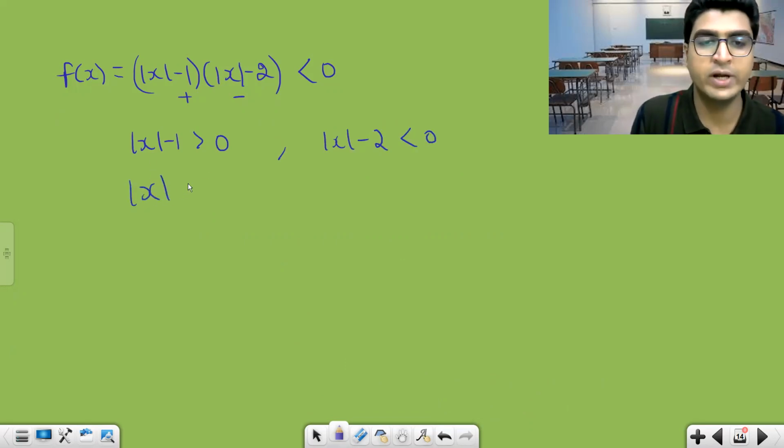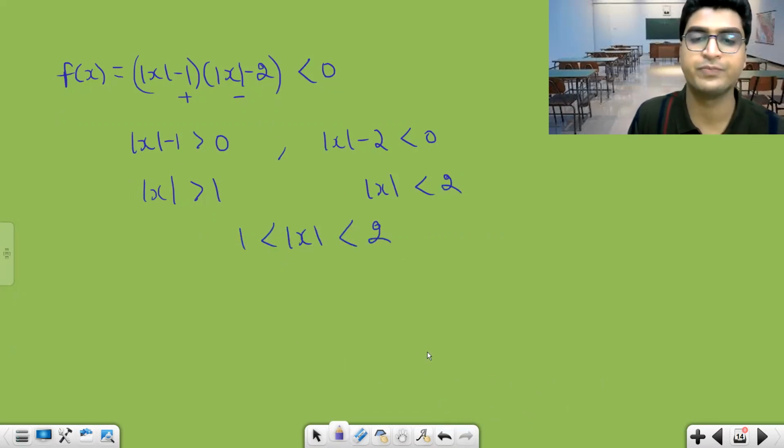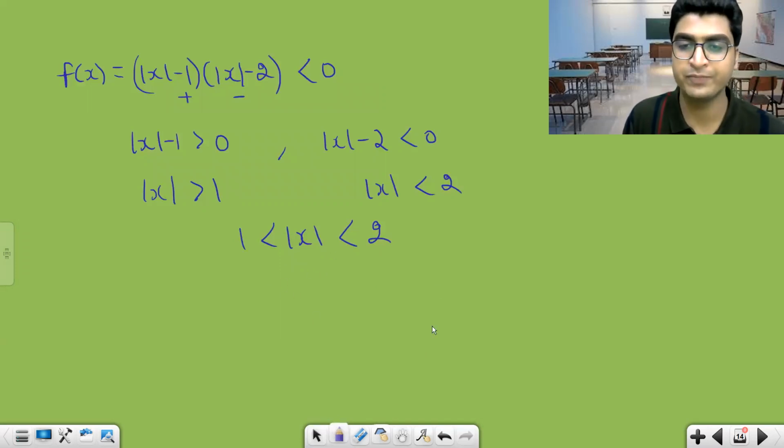So it clearly means that mod x should be more than 1, and here it means mod x should be less than 2. So basically mod x should be between 1 and 2.